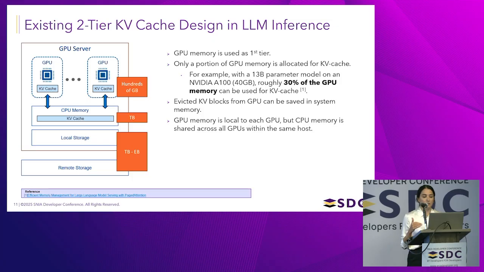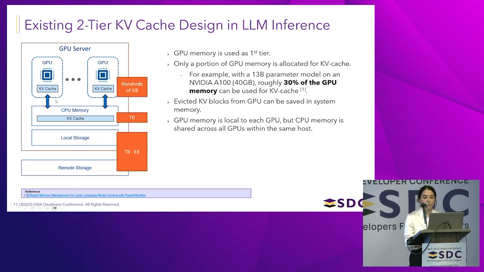The second tier: some inference engines have built-in support for CPU offloading. Here, the CPU provides you terabytes of capacity with gigabyte-per-second read speed, and you can share this CPU cache across multiple GPUs.